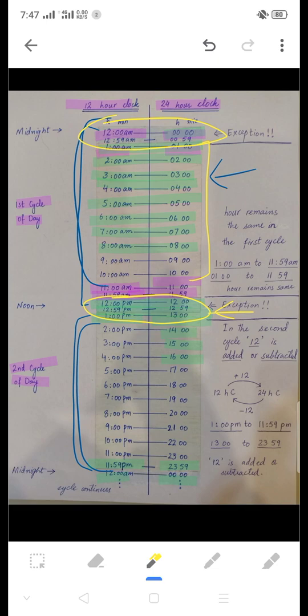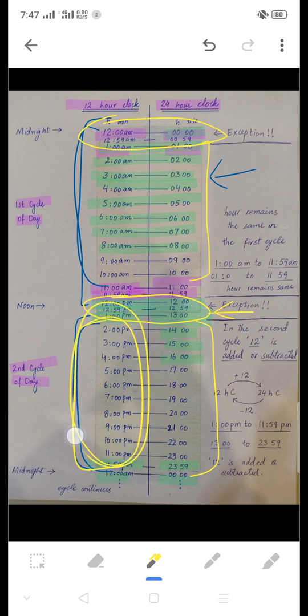Now, in the PM part, in the second cycle of the day, look here, if it is 2, by adding 12 to this 2, it has become 14. So in this part, 12 has been added if the time is given in the 12-hour system, and if the time is given in the 24-hour system, 12 has been subtracted to reach this part.